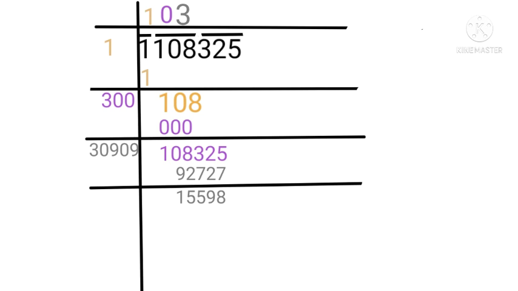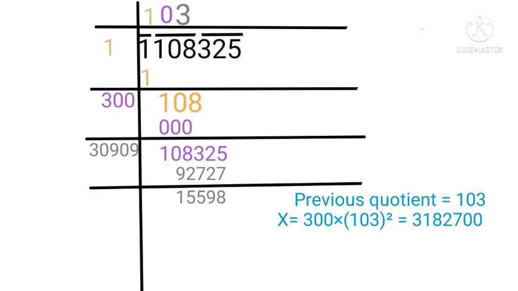Now again for the new divisor, the value of x is equal to 300 multiplied by the square of the previous quotient. Here the previous quotient is 103, so x is equal to 3,182,700, which is greater than our dividend. Since our divisor is going to be greater than or equal to x, we can't carry on the calculations.